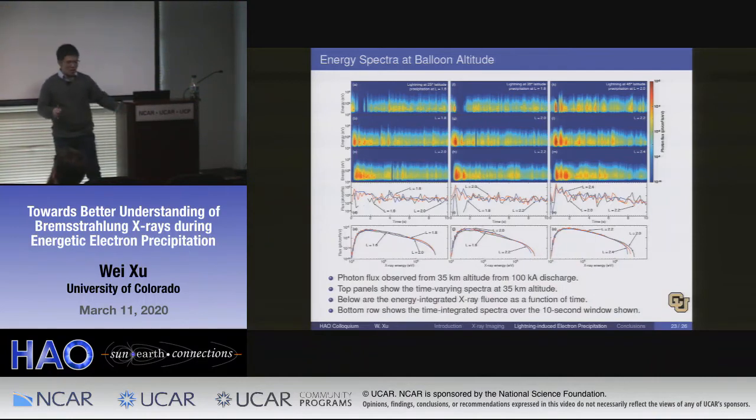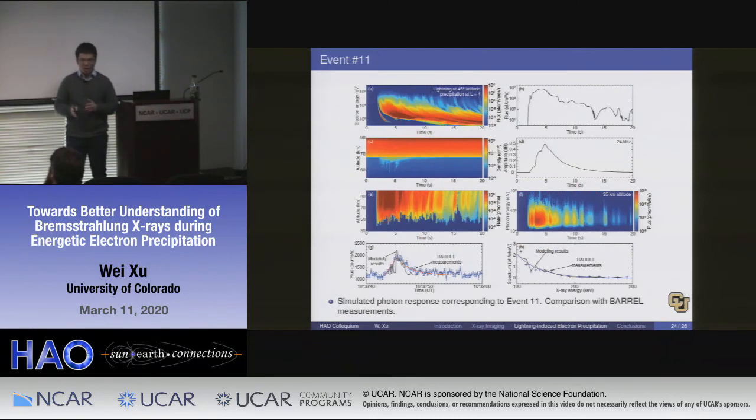From this set of parametric studies, we found a lightning discharge at 45 degrees latitude can best explain BARREL measurements. And this figure shows the flux of precipitating electrons as a function of time and altitude at L of 4. The second panel shows the integrated fluxes.